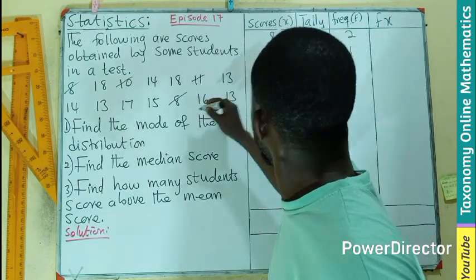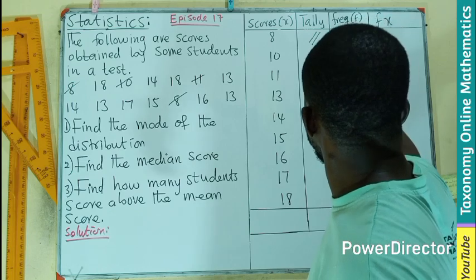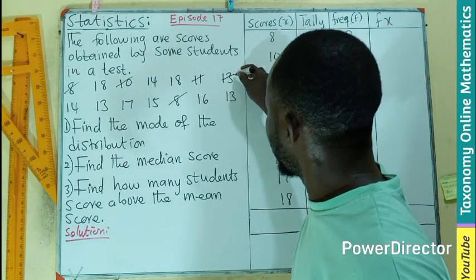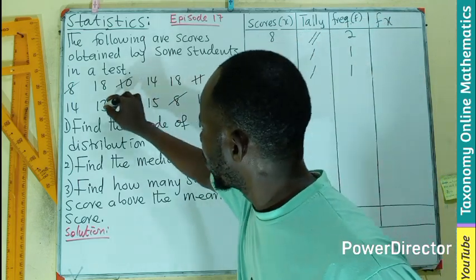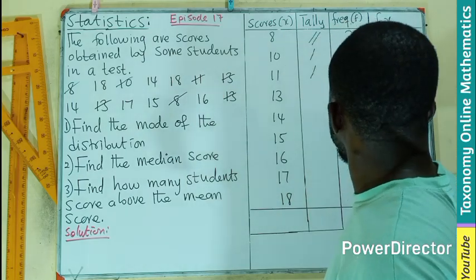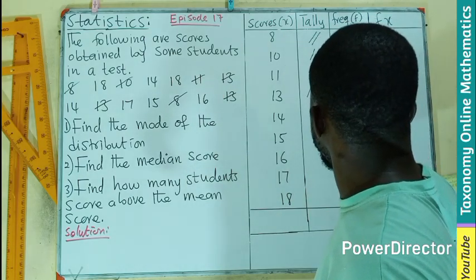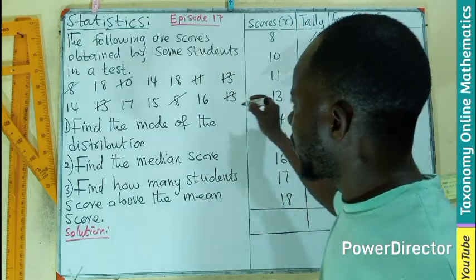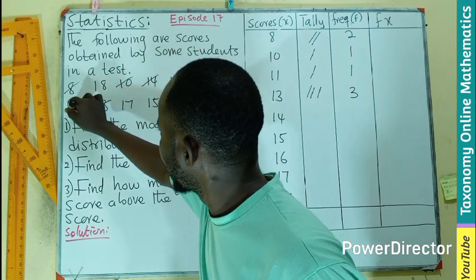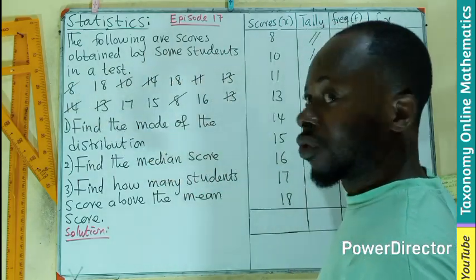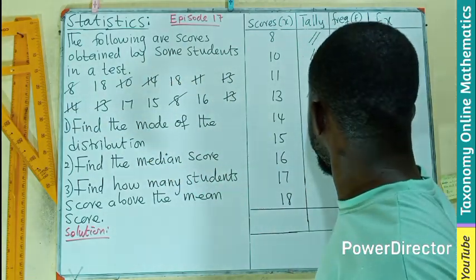11 once. 13, we have 1, 2, 3. 14 appears only 1, 2. So we are having 14.